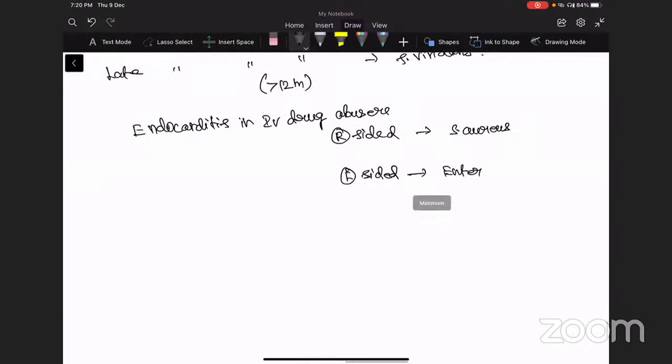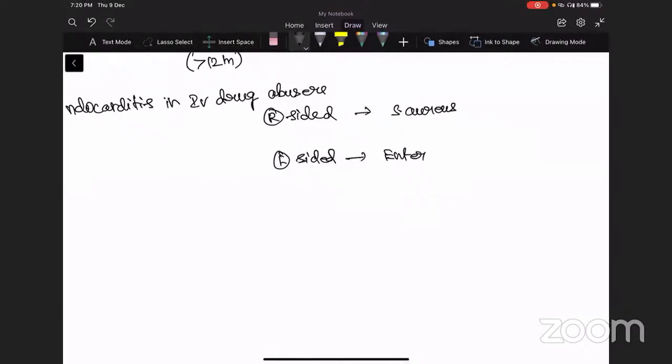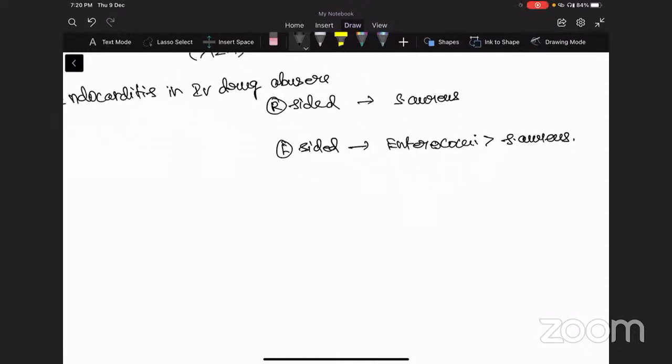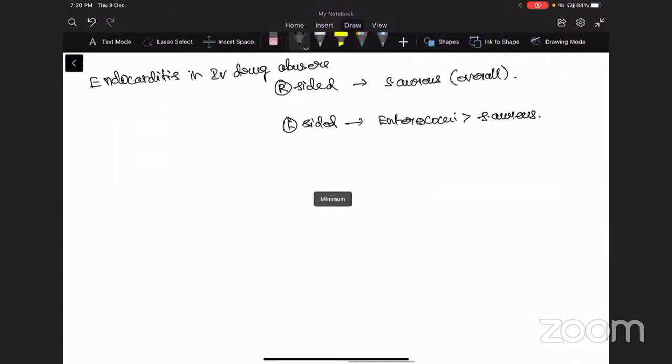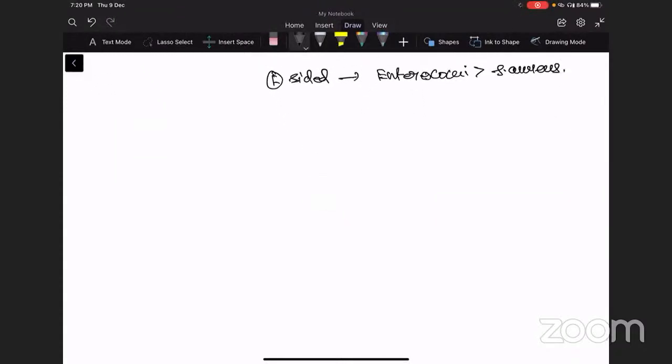Left-sided, correct, staph aureus, and left-sided is by enterococci, then staph aureus. And the overall is again staph aureus in IV drug abusers.